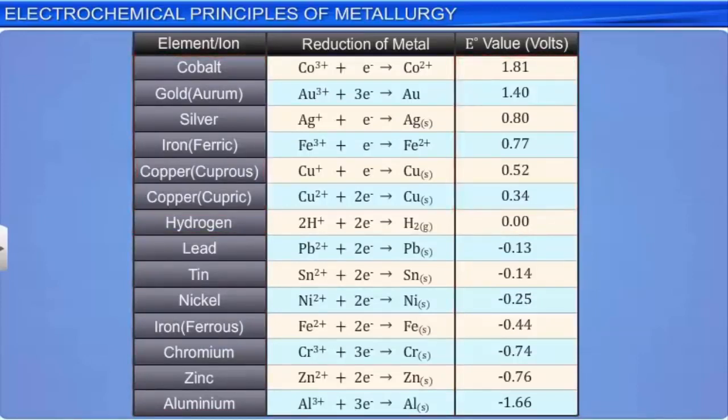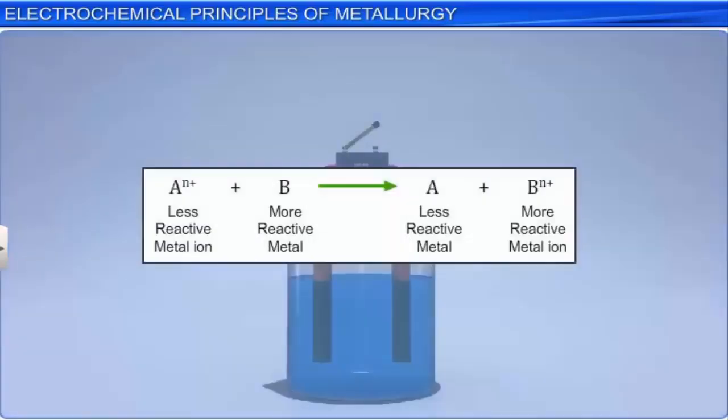If the difference between the E° values of two metals is positive, then the value of ΔG° will be negative. Hence, the less reactive metal will come out of the solution and the more reactive metal will go into the solution.